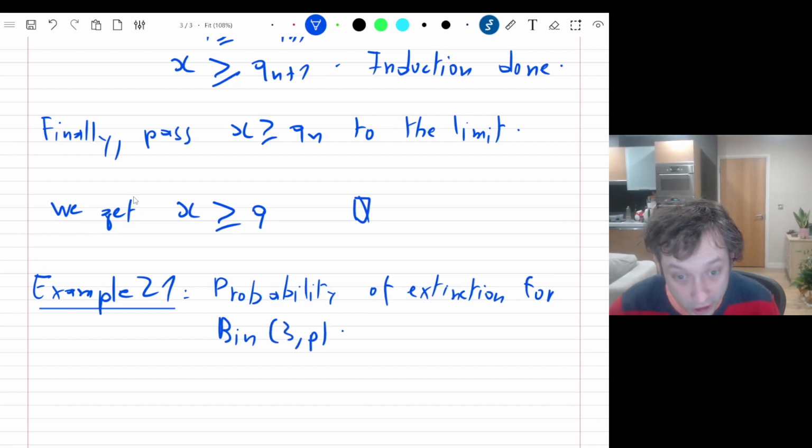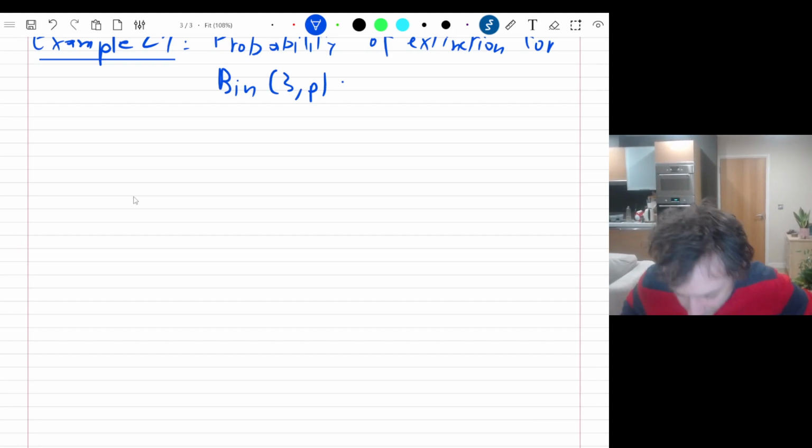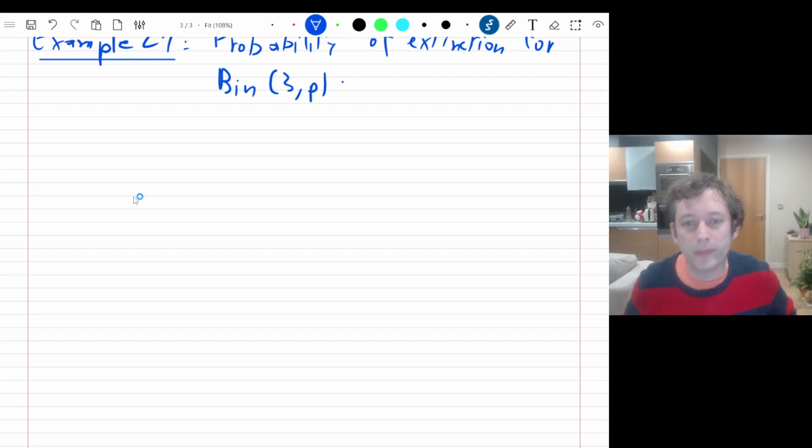Okay, so we're just going to compute it. Now, I'm not going to call it q like before because we're going to use q as 1 minus p as we've done earlier, but that's okay. Let's write down the whole question.